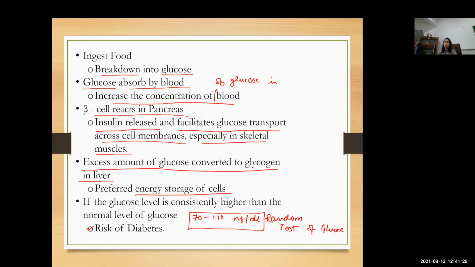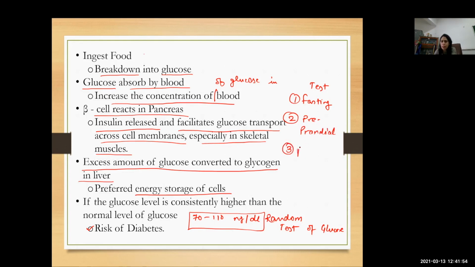When we go to a path lab, three kinds of tests happen. First is fasting. Fasting means that you should not have eaten anything for at least 10 to 12 hours. Second is preprandial, that is, before consuming any meal.